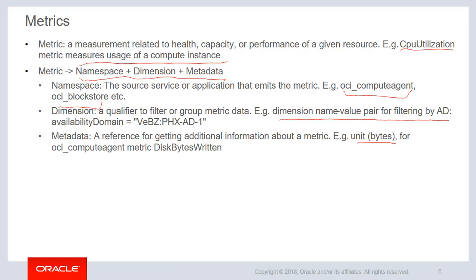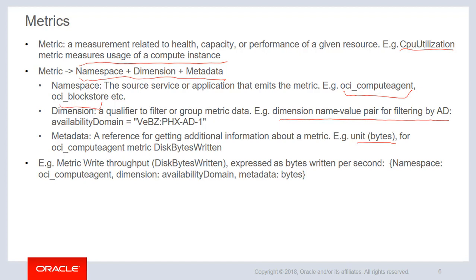So as you see the example here, if we have a metric, let's say for write throughput, the metric is represented by disk bytes written, and it is actually expressed with all its core components with the namespace OCI compute agent. You can always filter using a dimension like an availability domain, and the metadata is the measurement unit.